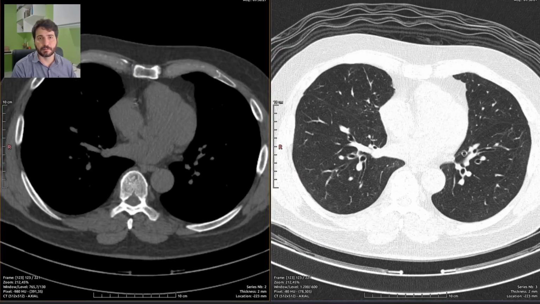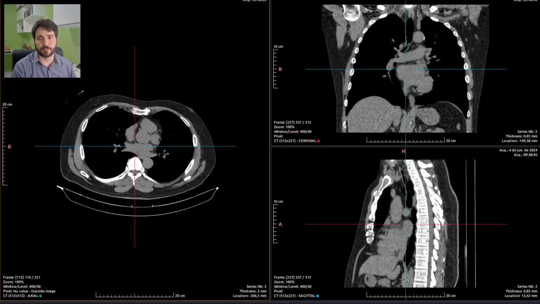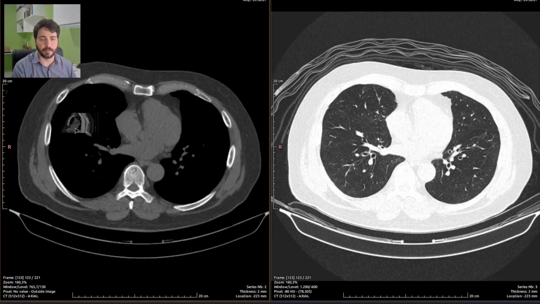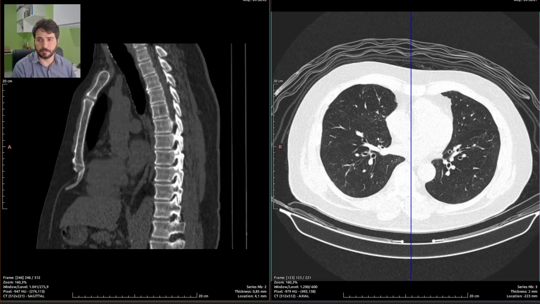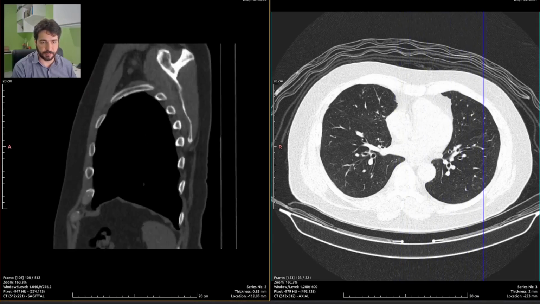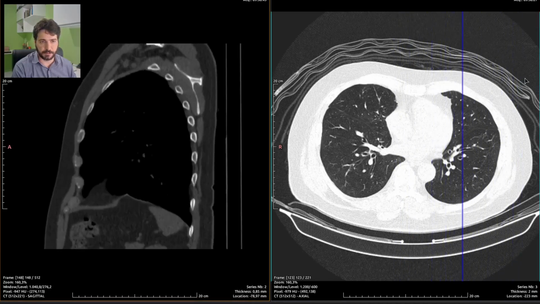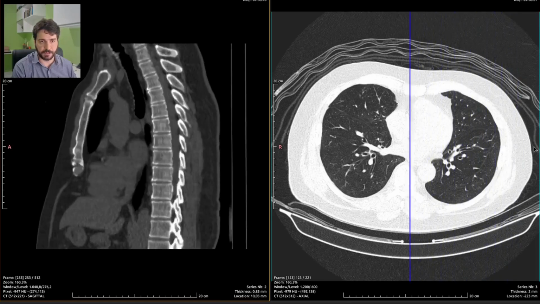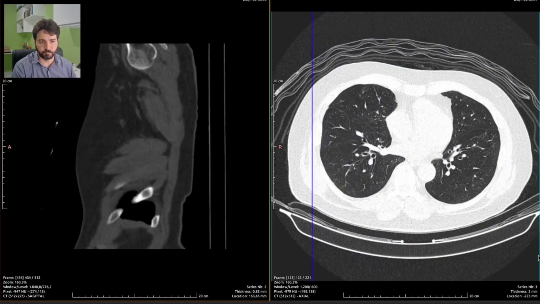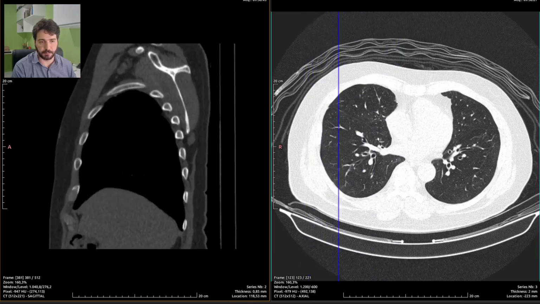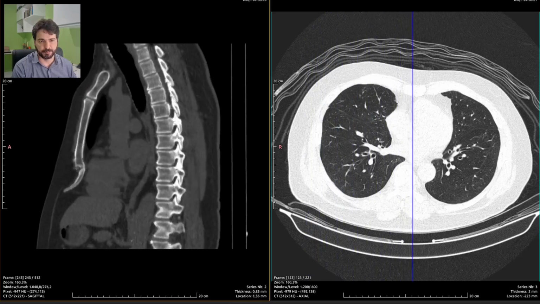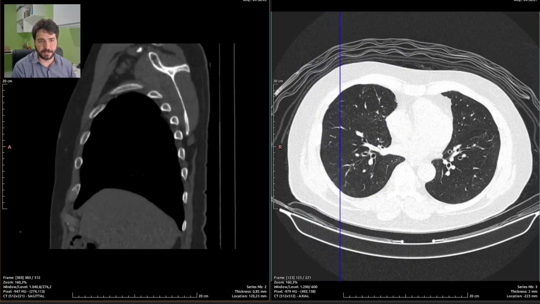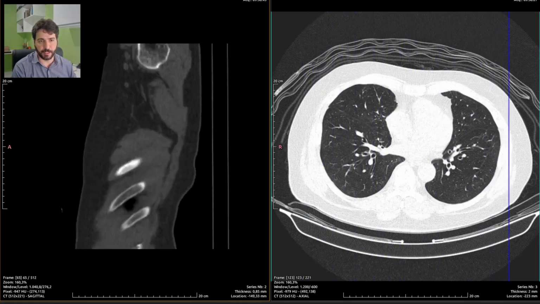So let's just hit the MPR and look for any sign of bone lesions we have possibly missed, so we don't miss it. No, not missing anything. Rib cage is fine. Scapulas are fine.